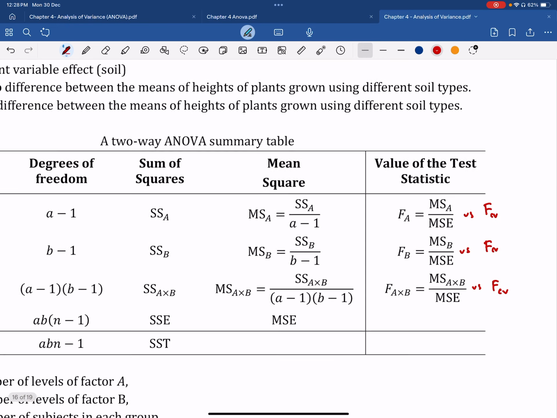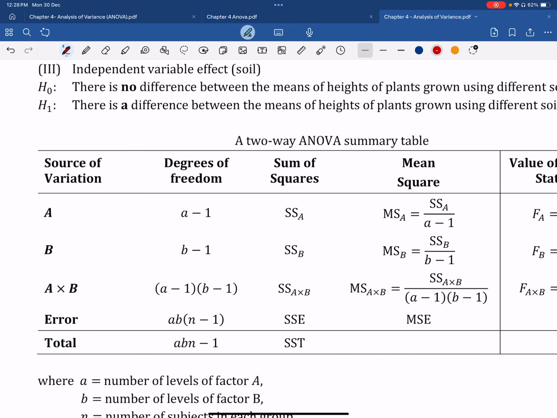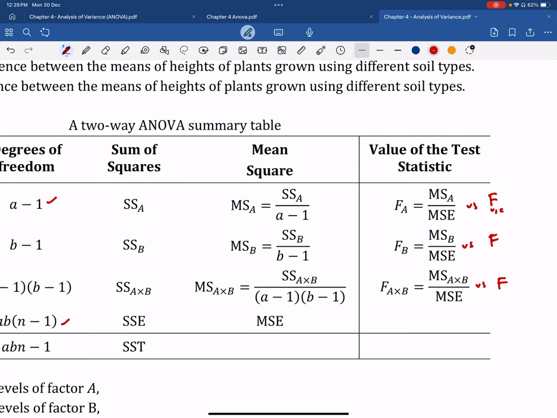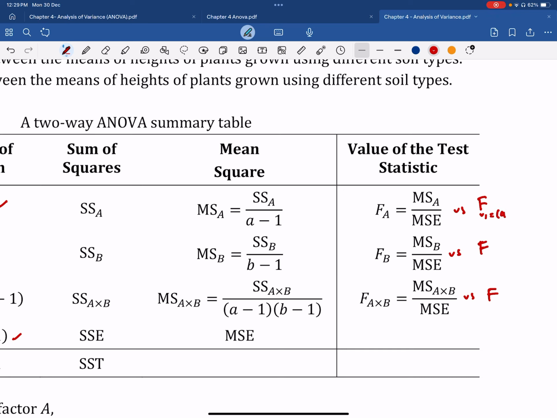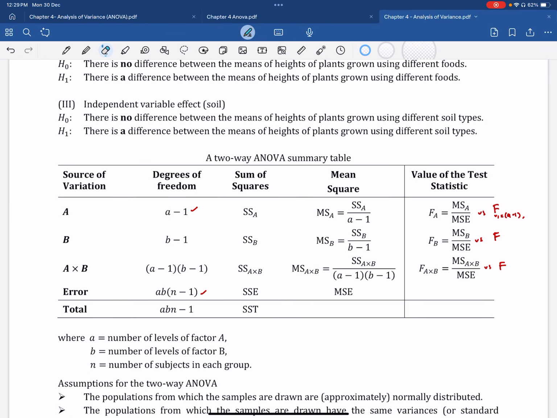The degrees of freedom for F depend on the degrees of freedom for your A minus 1 and your error. Let's say I write them as V1 and V2, where V1 equals A minus 1.